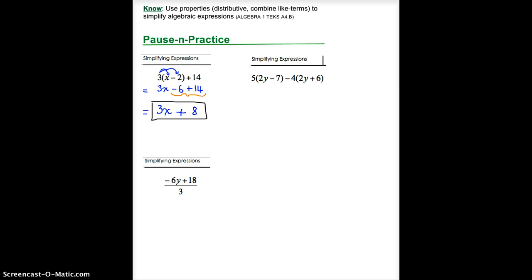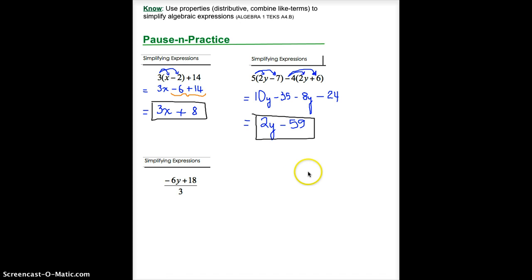Are you ready to check your answer? For this problem, you should have gotten 2y minus 59. As you can see, I would distribute this 5 throughout the entire thing, and I would get 5 times 2y, which is 10y, minus 5 times 7, which is 35. -4 times 2y is -8y, and -4 times 6 is -24.